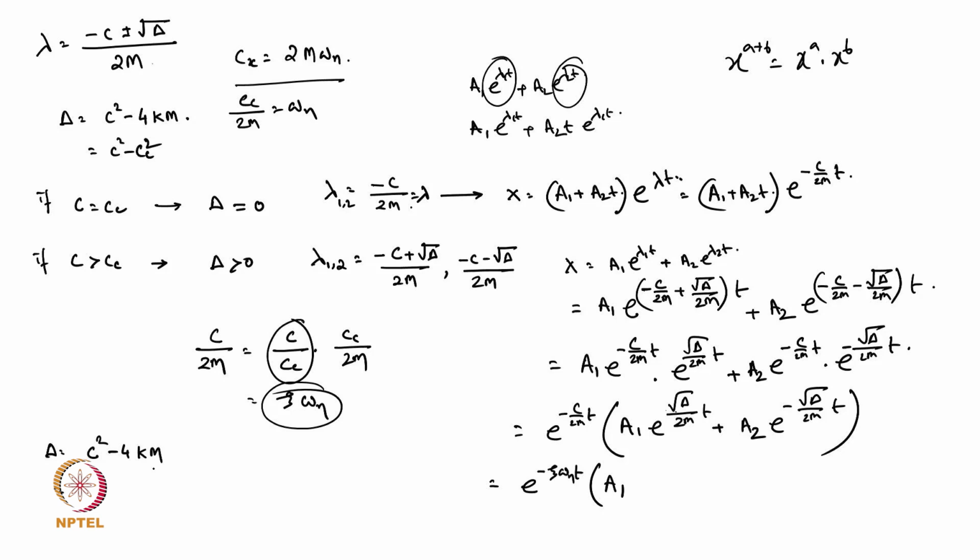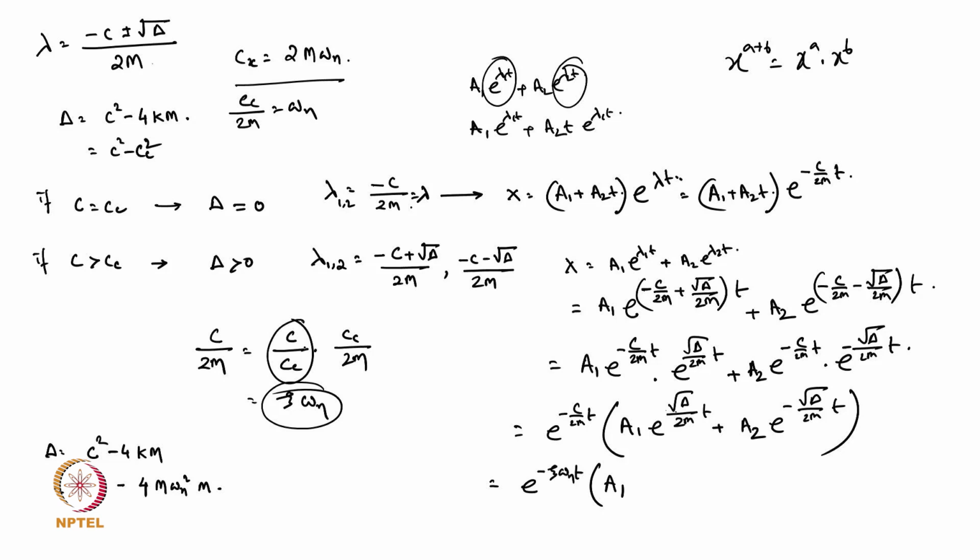Okay. So then delta will be equal to c square minus 4km. So what can I write? c square. So here, I can put k equal to m omega n square, and c I can put it.